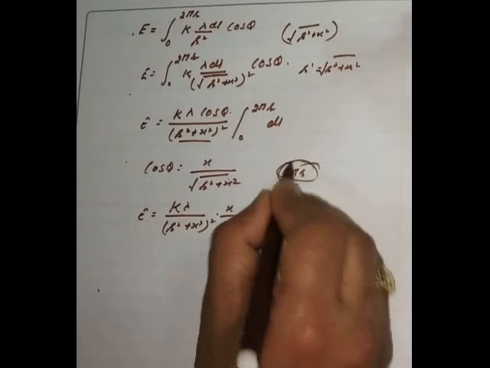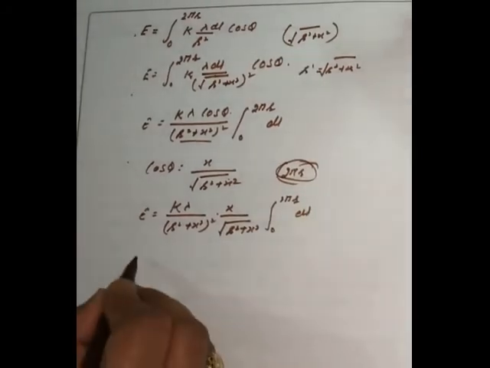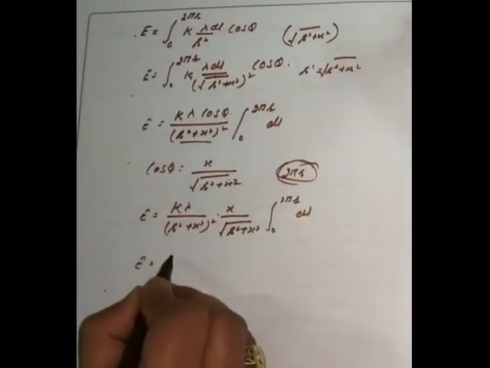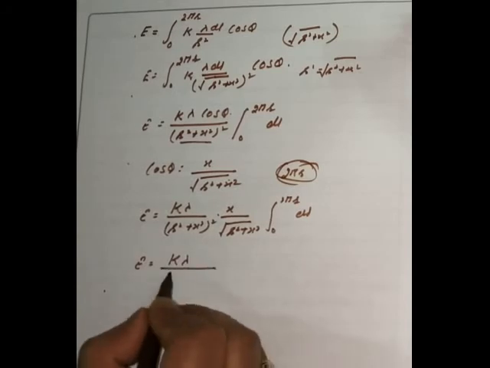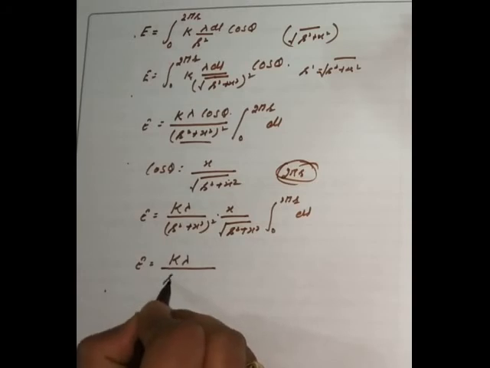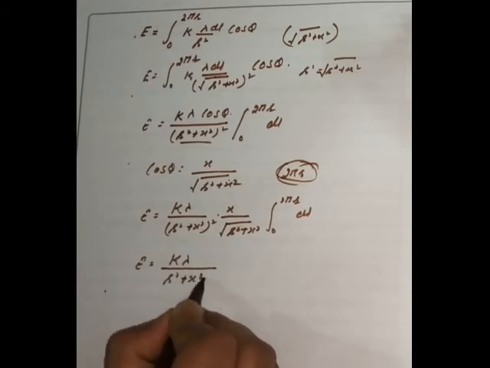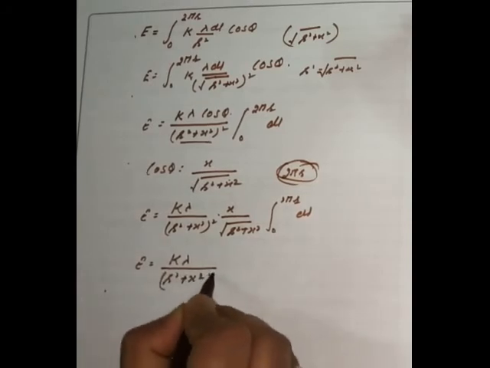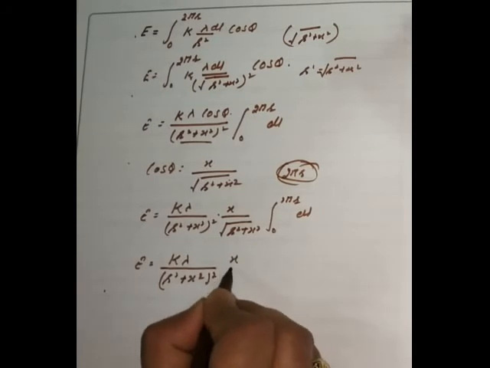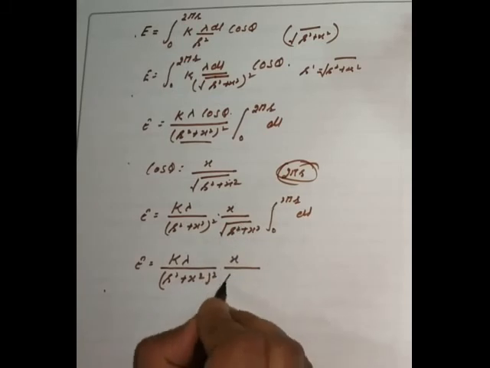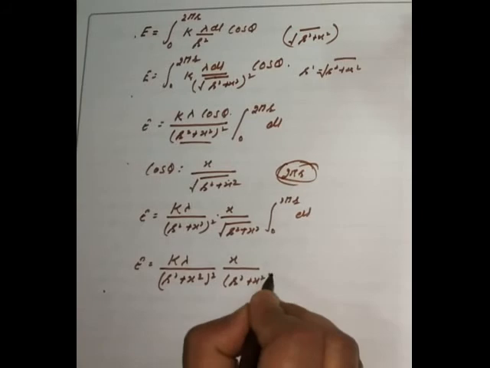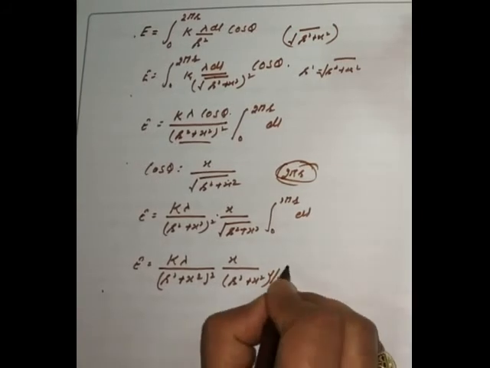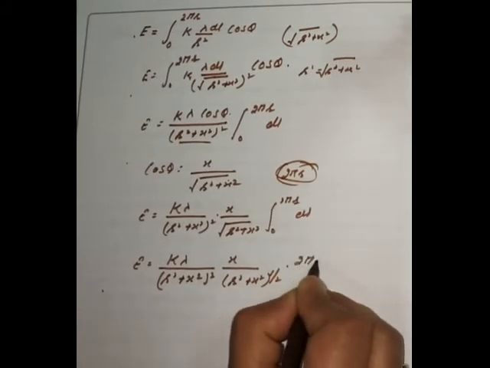When you integrate that one, it will become electric field E equals k lambda upon r square plus x square whole square. When you remove the under root sign, it will become r square plus x square to the power 1 upon 2. Here you can write 2 pi r.